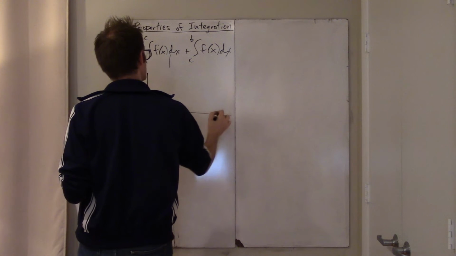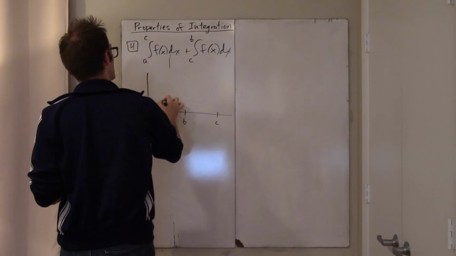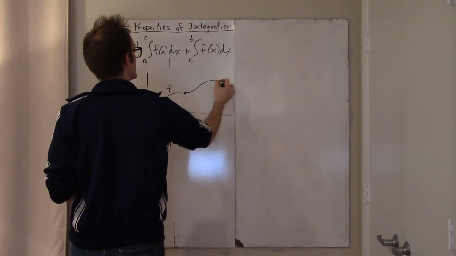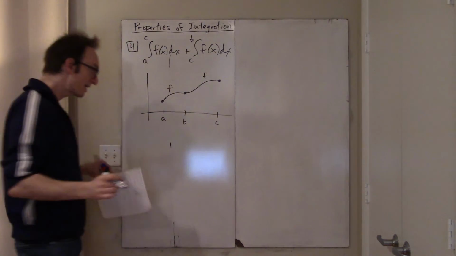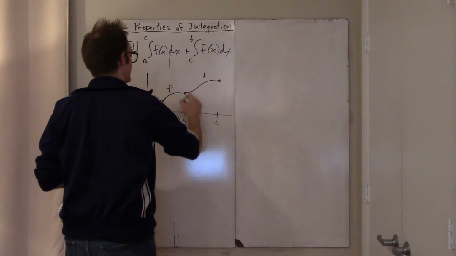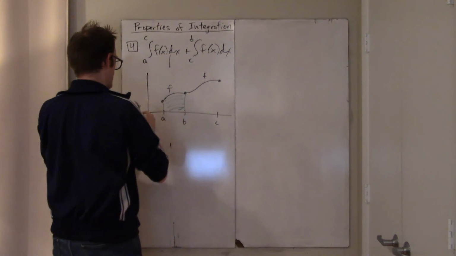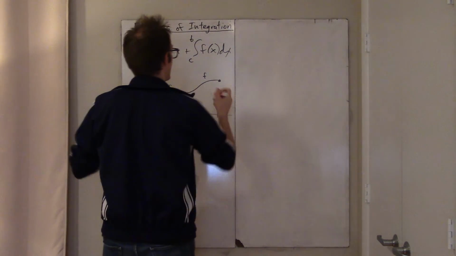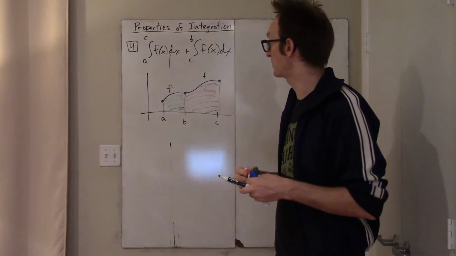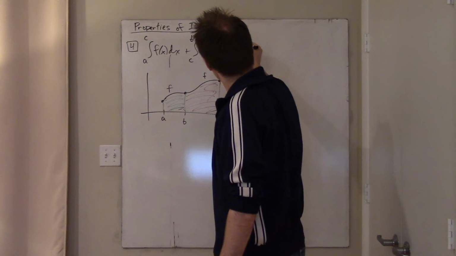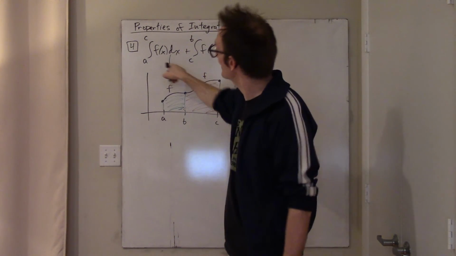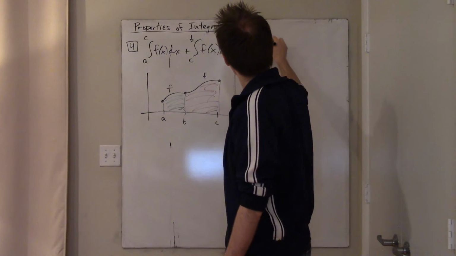If this is a, and this is b, and this is c, if we take the integral from a to b under this f function, and then we continue, this is also f, from b to c, then here you have some area, here you have some more area, and what happens when you add these up? You just get the total area from a to c. So this is a property of integrals, that the integral from a to c plus the integral from c to b is the integral from a to b.